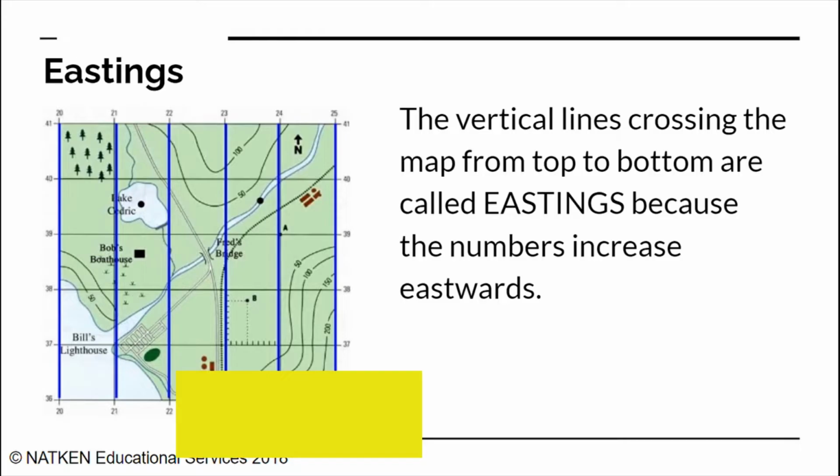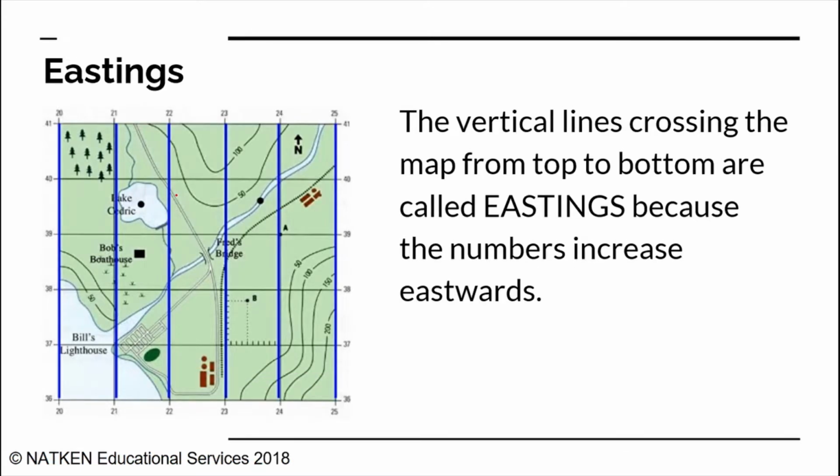Easting lines first. So this is how it would look on a map. You would have vertical lines like the blue ones here, and then you would have horizontal lines which would form a grid. The horizontal ones would be called northings, but the vertical ones, which we are currently looking at, would be our easting lines.